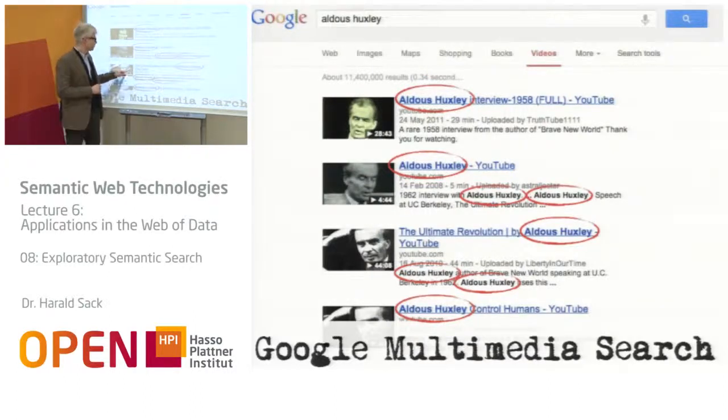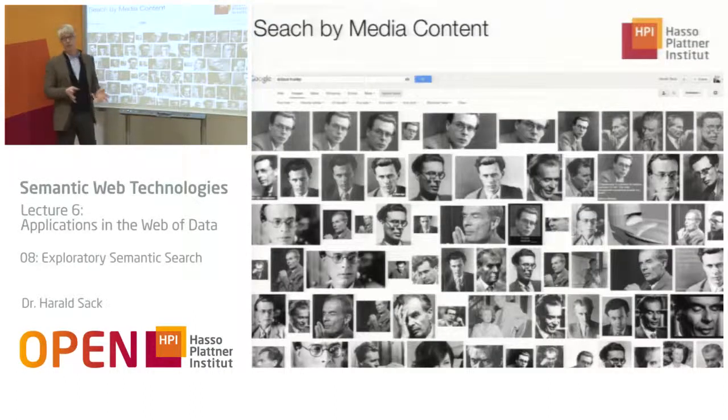But there is also something new. Google is also able to make real multimedia search, so to search by media content. This was an original image of Aldous Huxley, and you are able to find similar images at Google. You will find the same images that are cropped somehow or have different sizes, but you will also be able to find the same person on other images that are very similar to the original one.